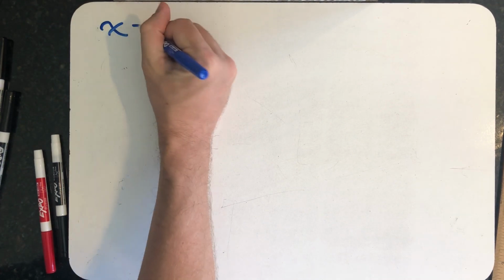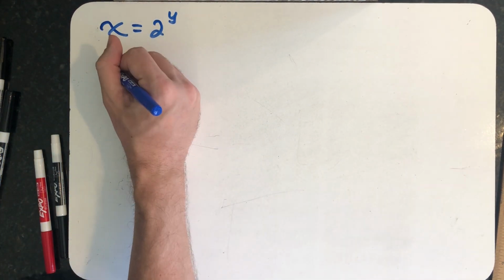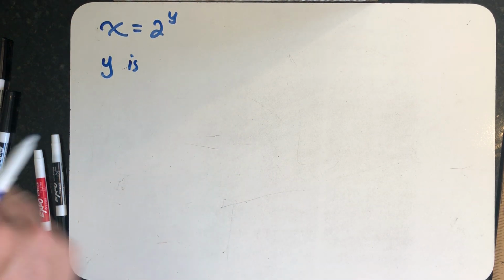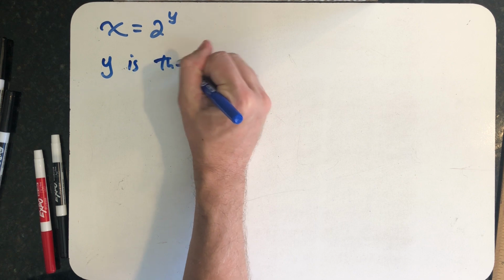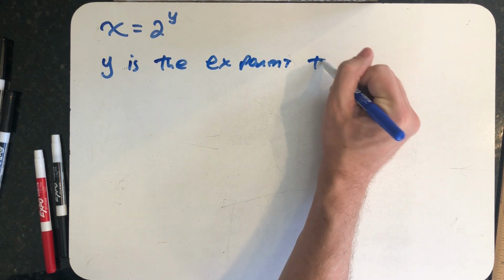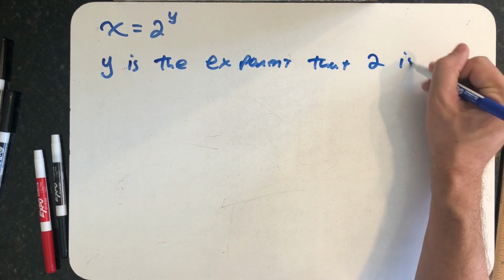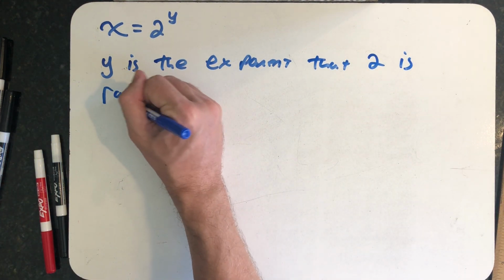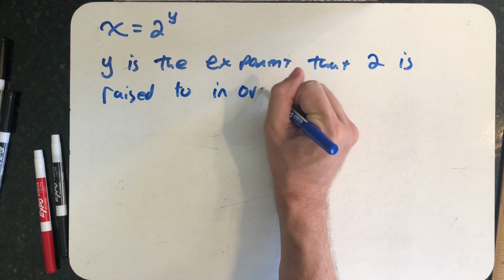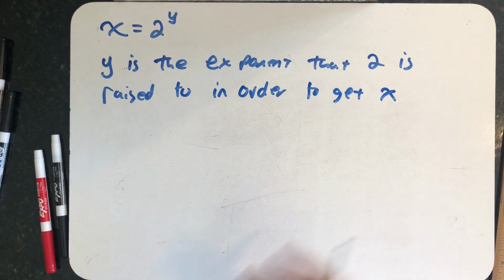So the inverse relationship, x equals 2 to the y, and once we have y by itself, it'll be some kind of statement that says this: y is the exponent that 2 is raised to in order to get x.